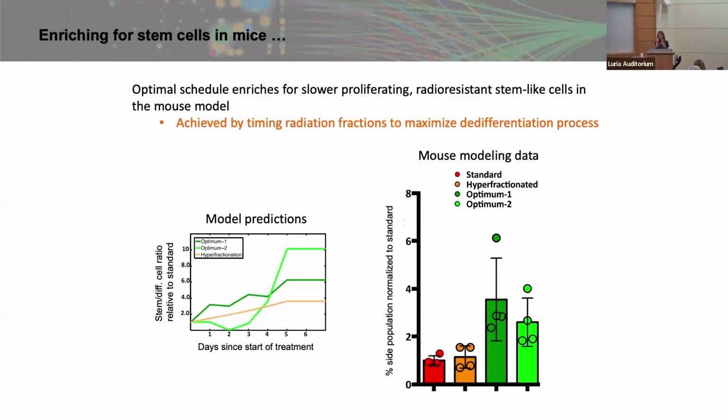And so this characteristic, very non-standard fractionation schedule seems to enrich for these nestin positive cells, which are even more radioresistant, but prolong survival because they have a lower turnover rate. So it seems that the mechanism of maximizing survival given this non-standard radiation fractionation schedule is that we enrich for even more radioresistant cells, which in principle doesn't seem like the greatest idea ever, but given that it's not curable anyways, at least it prolongs survival, at least in this mouse model of the disease.